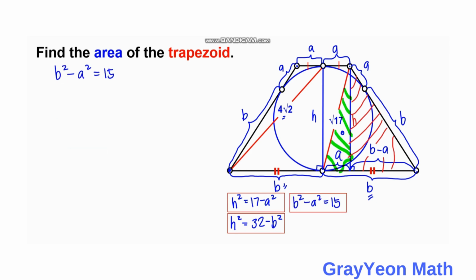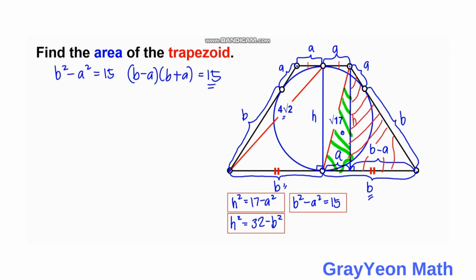Okay, so going back to our last equation, we can rewrite this b squared minus a squared, this difference of two squares, into its factors. So b minus a times b plus a is equal to 15. And 15 can be factored into two factors.